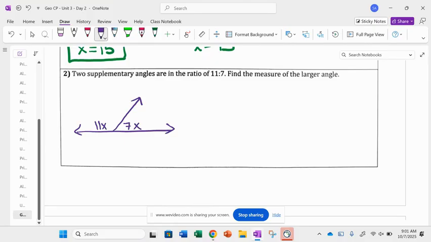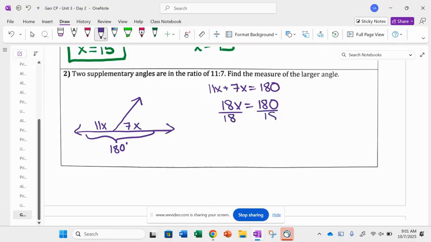Could you think of an equation to solve here? You got it. So this is the straight angle, which we know is 180. So we have 11x plus 7x equals 180. So we get 18x equals 180.